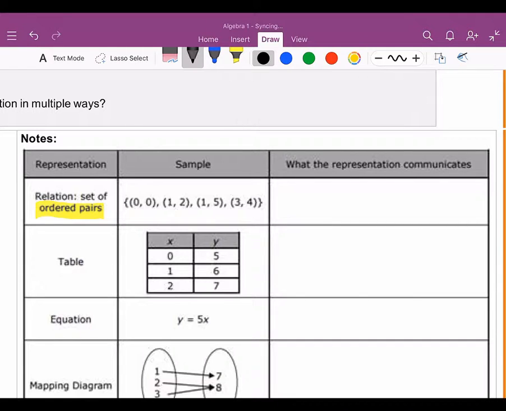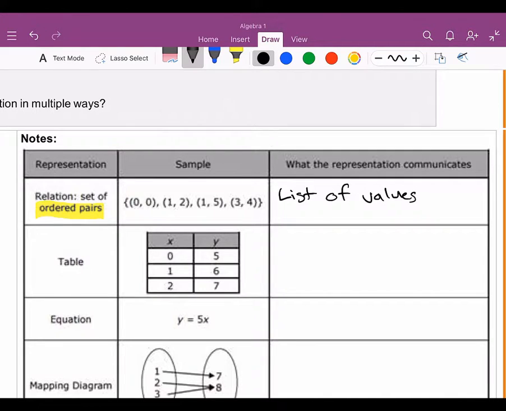If you look at it, all it simply communicates is it's a list of values. Your x's, your y's, your domain, your range. So if you wanted to know what the points are in a list, this is the perfect representation for it. It's all there for you in a list.